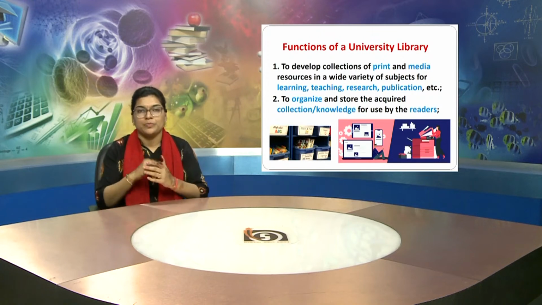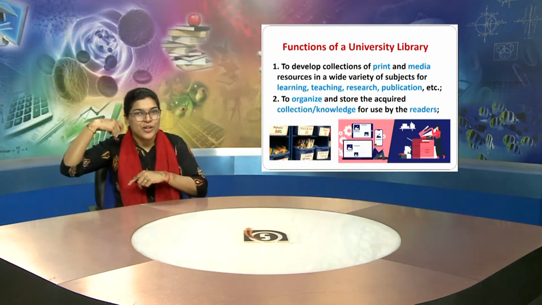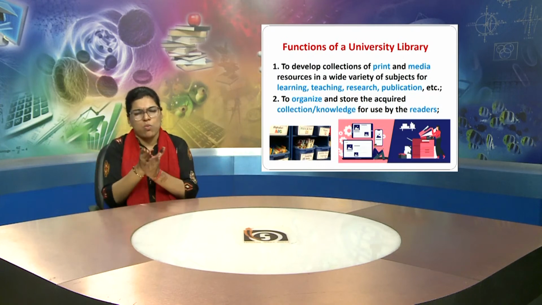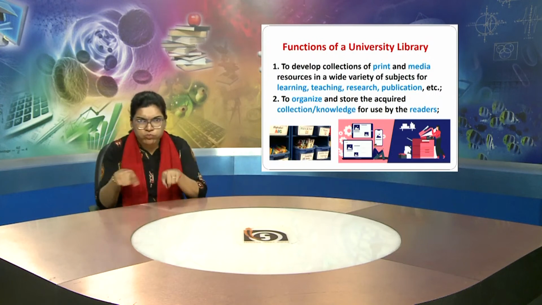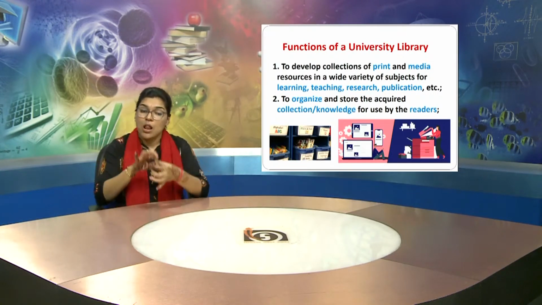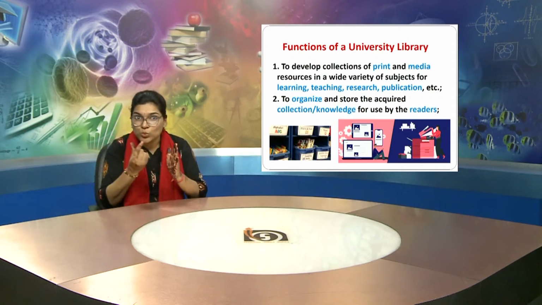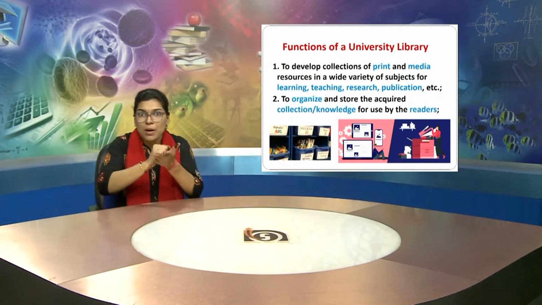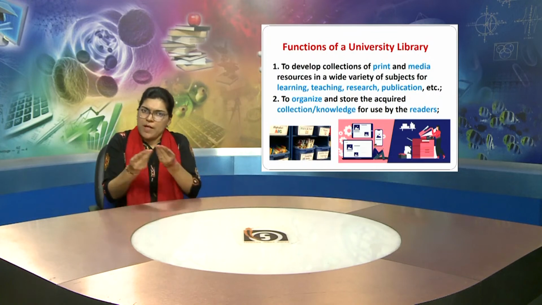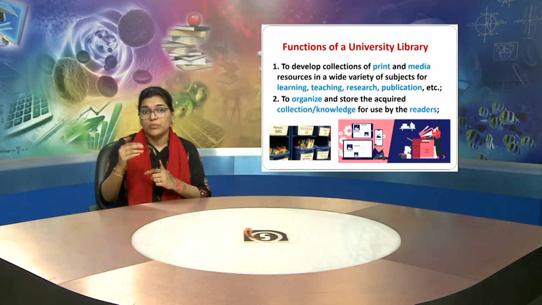Now here are the functions of the university library, which we are going to discuss. To develop a collection of print and media resources in a wide variety of subjects for different work like learning, teaching, research, and publication, etc. So these are all functions of the university library.